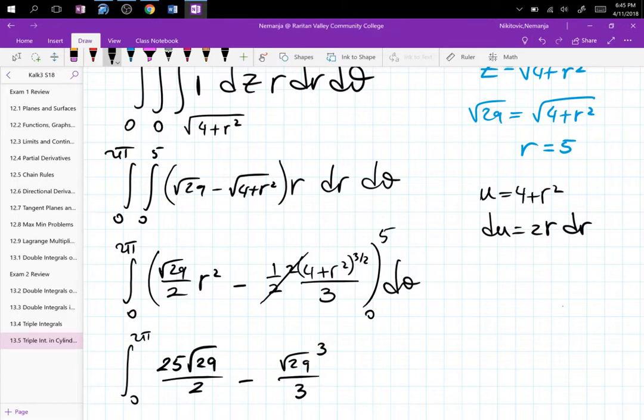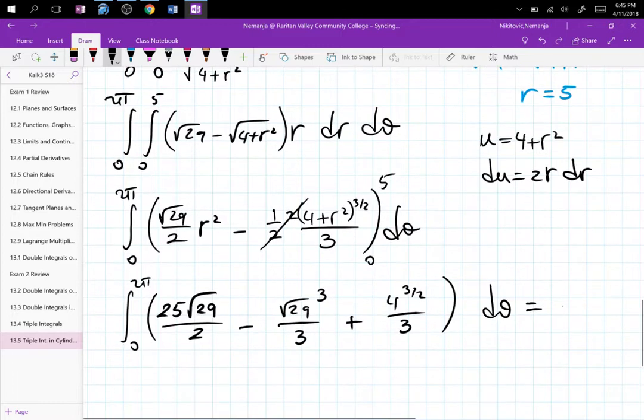When I plug in 0, the first one dies, but when I plug in 0 on the second one, it doesn't, so it's a plus 4 to the 3/2 divided by 3. And all of this is d theta, because we still haven't done that integral.